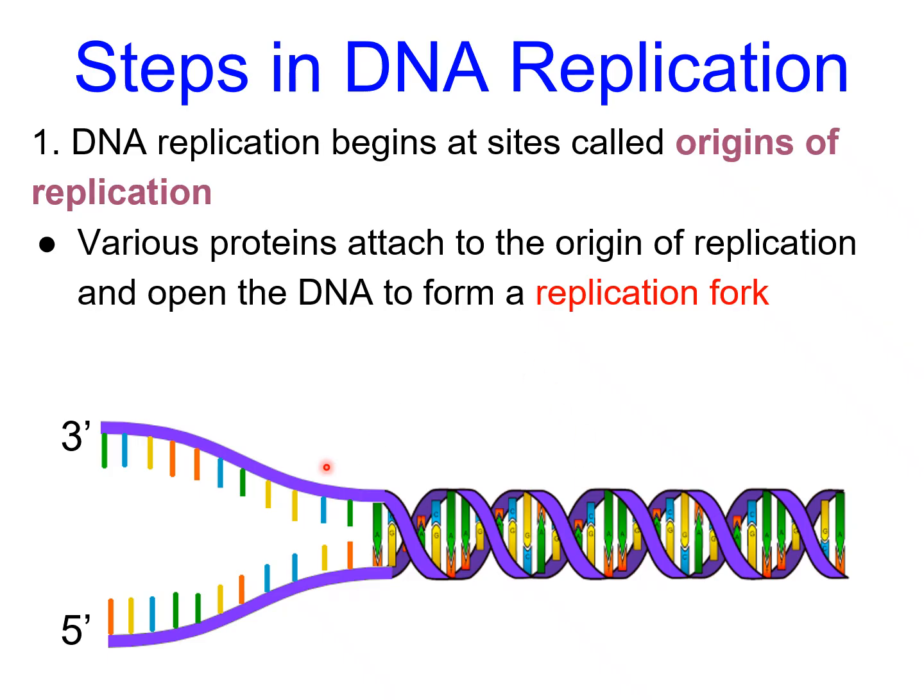Wherever the double helical structure is opened, the two strands are separated, so the hydrogen bonds that held the bases together are broken. They're temporarily broken, because those hydrogen bonds are easily formed, and we call that region the replication fork.